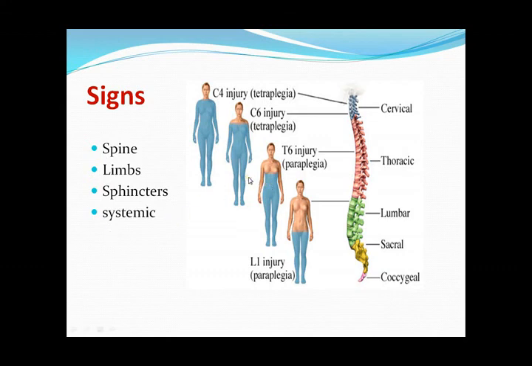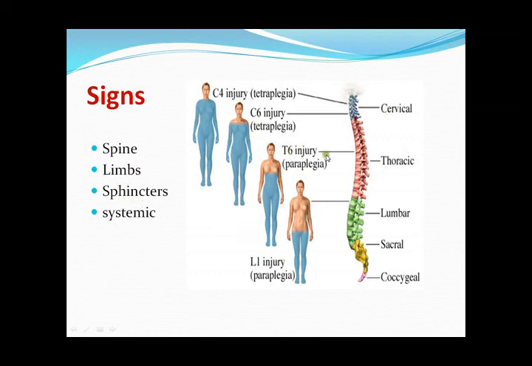After taking history, we are going to examine the patient, and again look for these three important things: spine, limbs, sphincters, and then systemic examination. If there is tenderness of the cervical spine and the patient is not able to move all four limbs, it shows that the injury is in the cervical region.